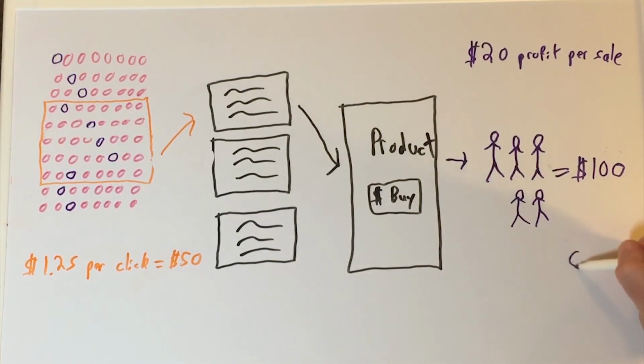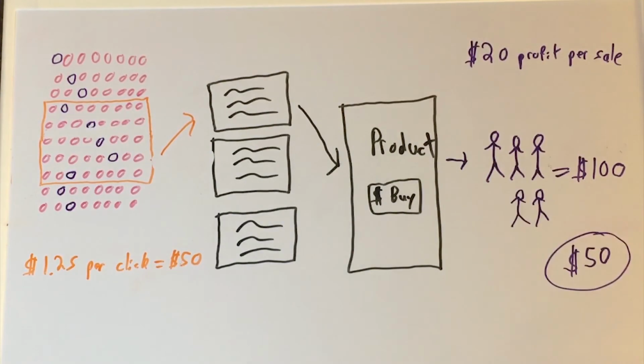So when you subtract our $50 ad spend, we're left with $50 profit. All right, so now we're making a lot more profit. We're generating more clicks to our ad. We're getting more sales, and we're paying for less irrelevant traffic. This is just with a couple changes.